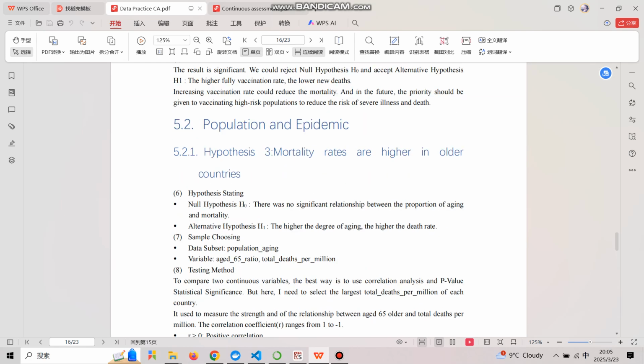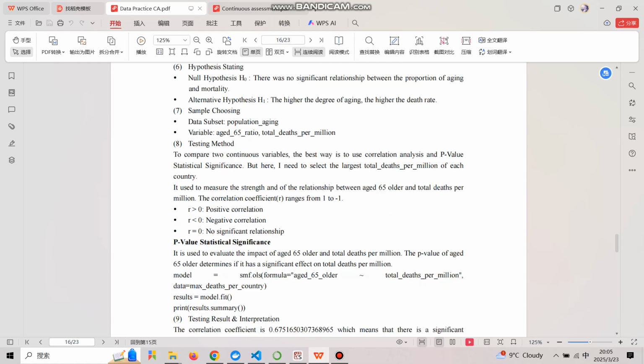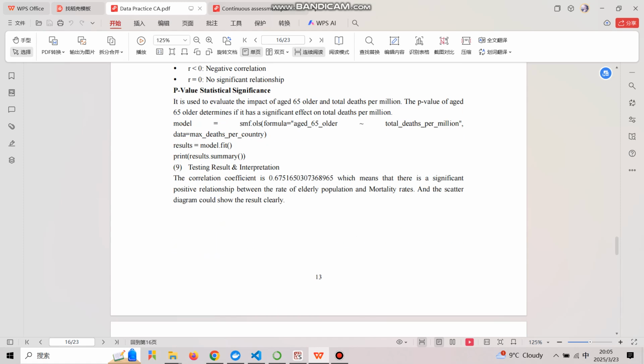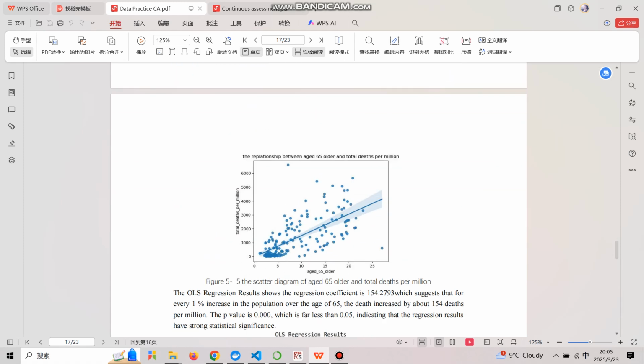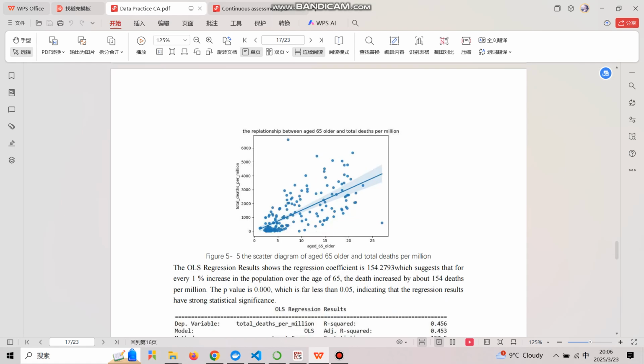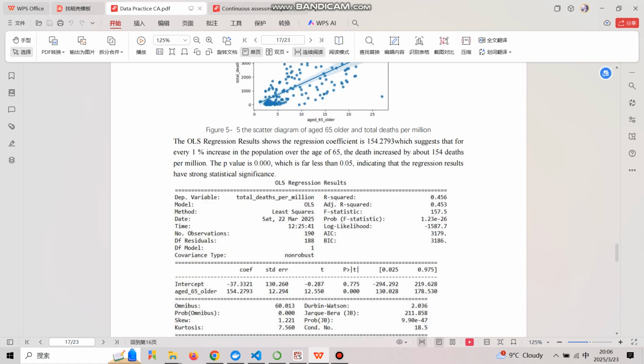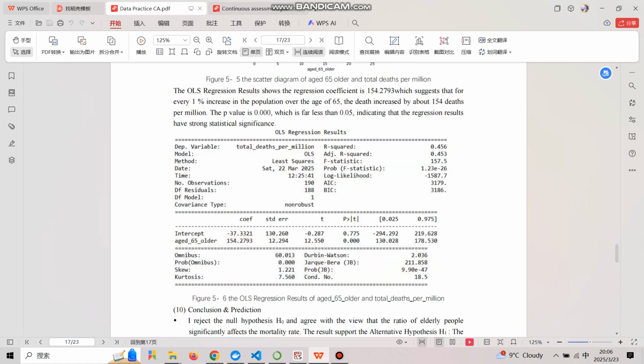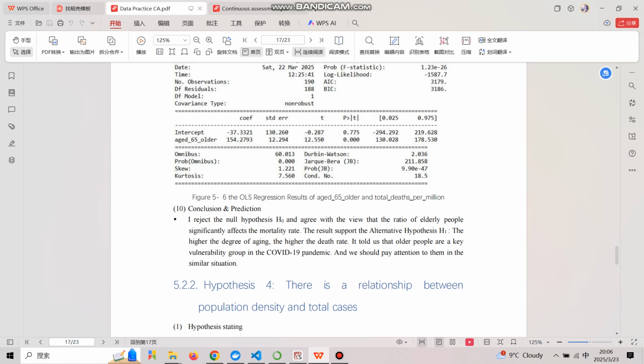The population and the epidemic also used correlation analysis and p-value significance, and it gave the result that an aging country has a higher death rate, with p less than 0.001, so it was highly significant.